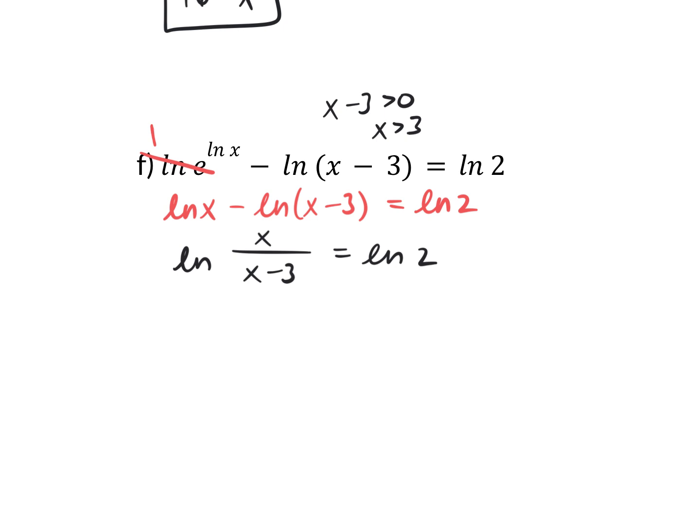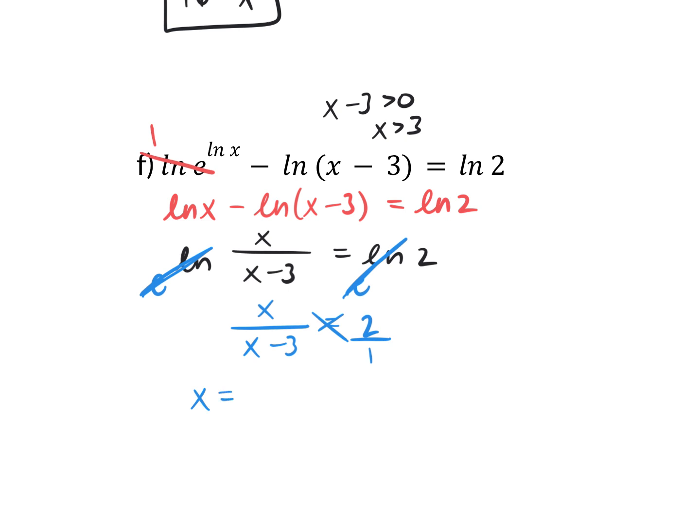And now if we think of putting e to the power of on both sides, these have the same base, so those simplify out. And we're left with x divided by x minus 3, which equals 2. So now we just gotta solve this equation.